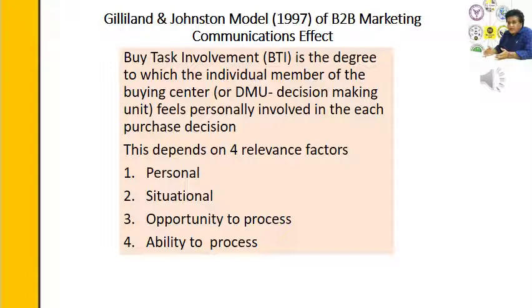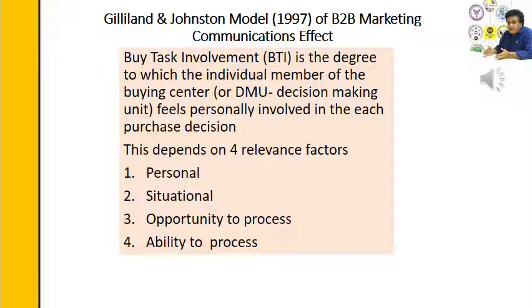The second relevant factor is called the situational factor. Situational factor refers to the importance of the decision to the individual and to the firm. So the higher this situational relevance, the higher is the BTI. How is the situational factor different from personal?